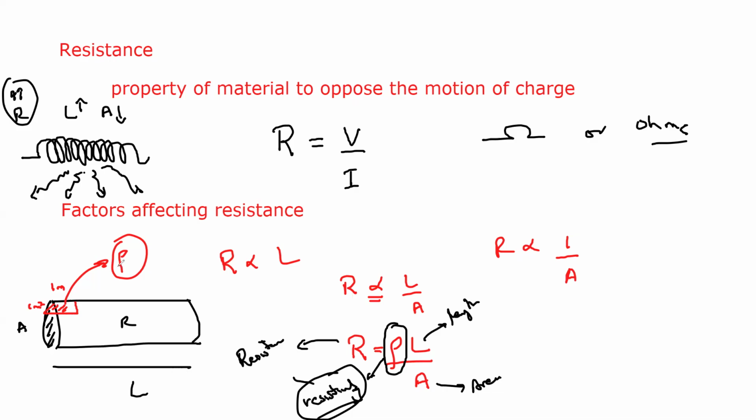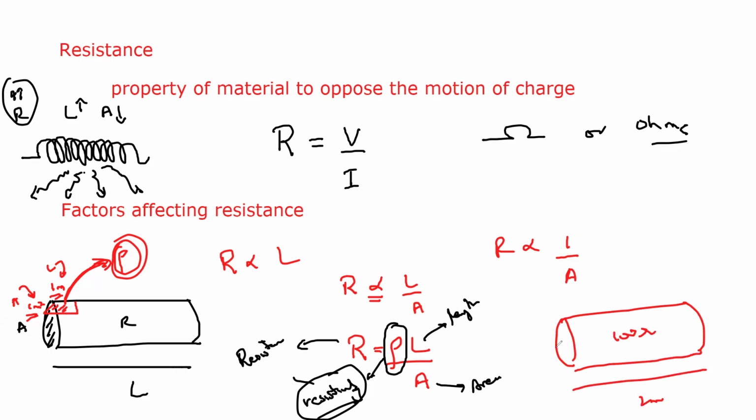Resistivity is the resistance of a section of a wire having an area of 1 meter square and a length of 1 meter. So you may have a wire with a total resistance of 100 ohm, maybe the total length is 2 meter and the total area is like 5 meters square.